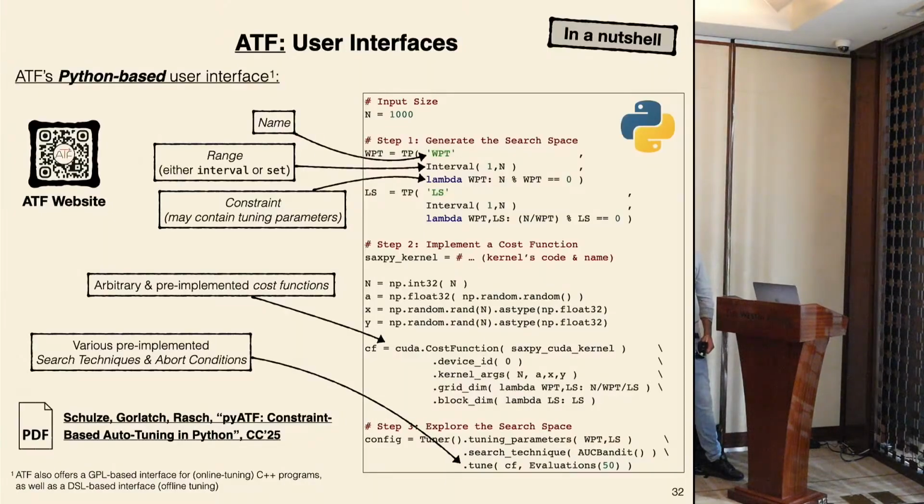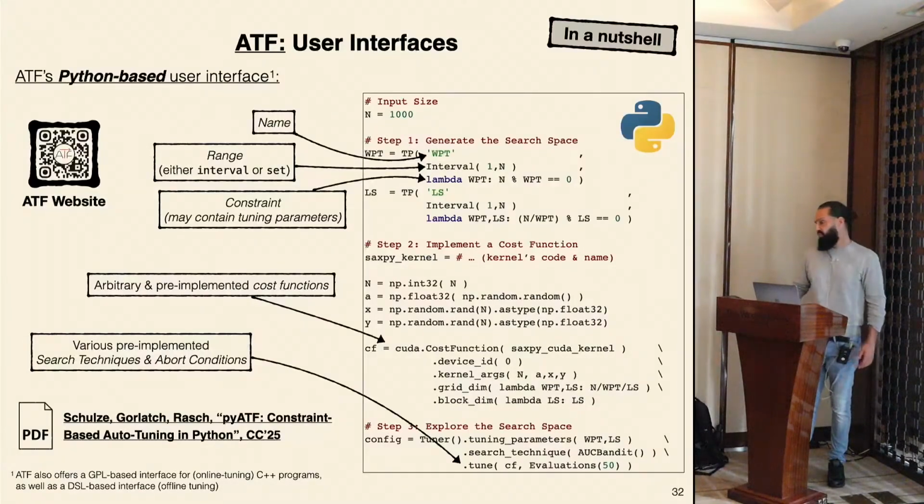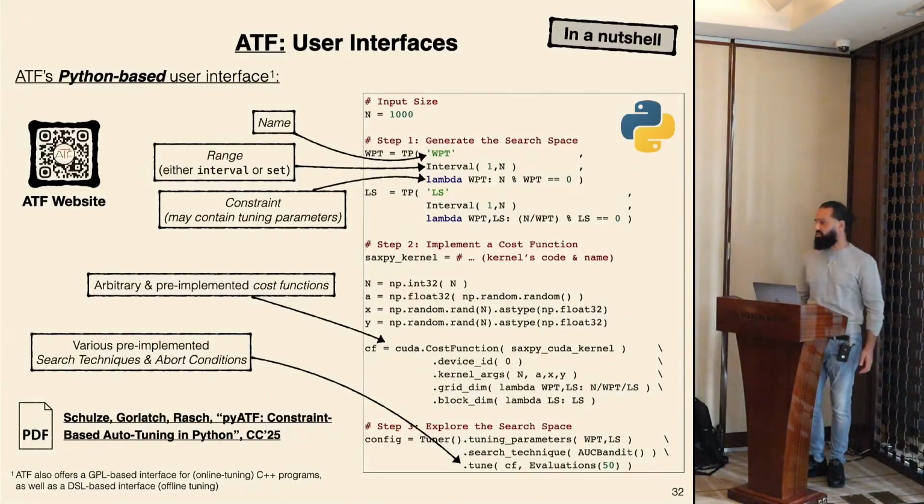You just put the kernel code as a string into our cost function, and you say which GPU you want to target, in this case the one with the device ID 0. What are your arguments? What is the grid dimension, the block dimension? That's everything you need to do for the cost function in this case. And then we generate the host code for you and execute the kernel, measure the time, and so on and so forth. But if you, for example, come up with a Java program, whatever, then you need to implement your own cost function.